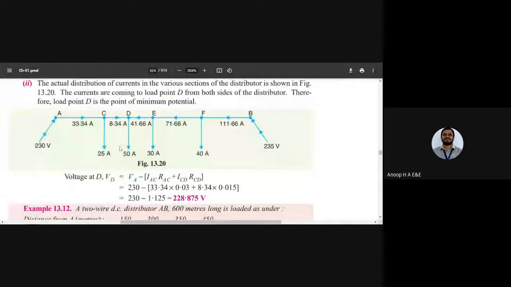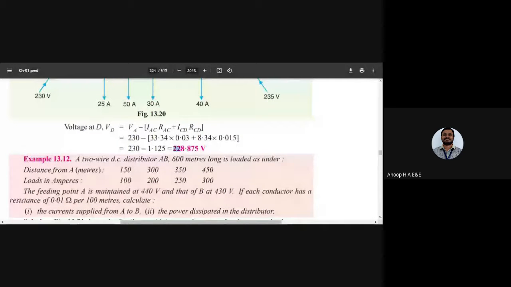The point at minimum potential is 228.875 volts. Verify it again, check whether we are getting the same answers or not, and post it in the group.